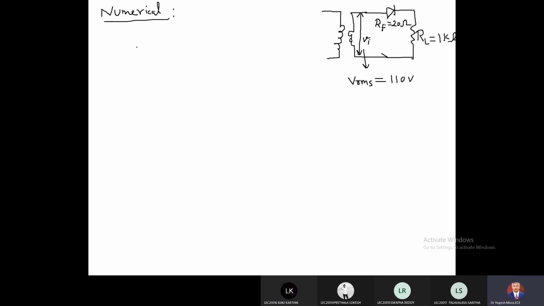Okay, so now suppose we have to calculate peak load current. We have to calculate this peak load current, right? So what is the formula to calculate this peak load current?